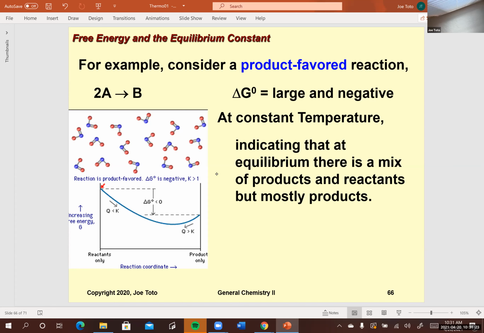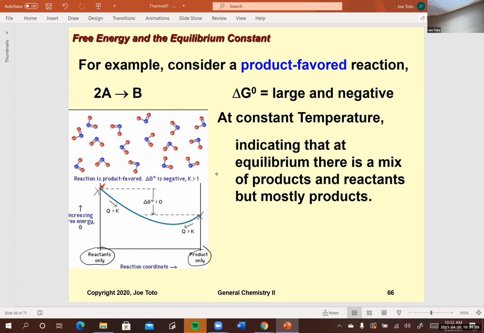This is a picture that tries to help understand the magnitude and the sign of delta G and rationalize it in terms of that equation that involves Q. So if we start out with all reactants, or if we started out with all products, we see that Gibbs free energy can be decreased by going in the opposite direction.